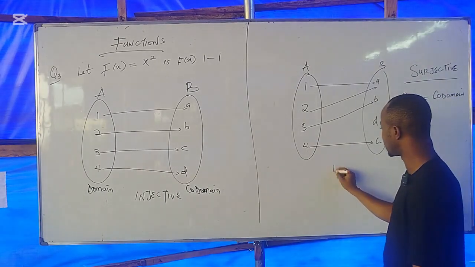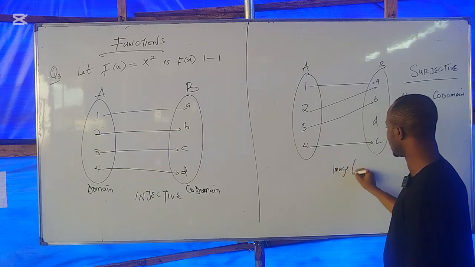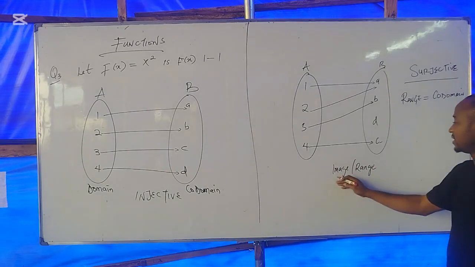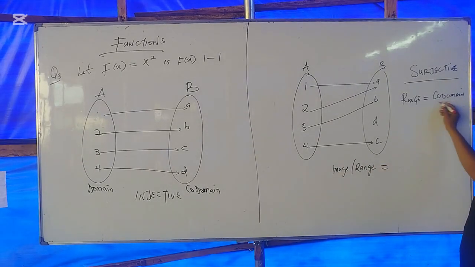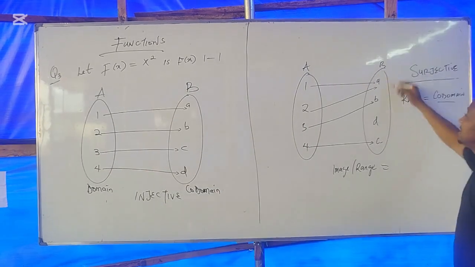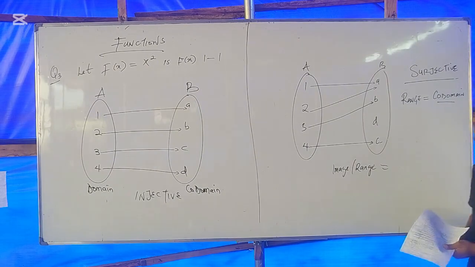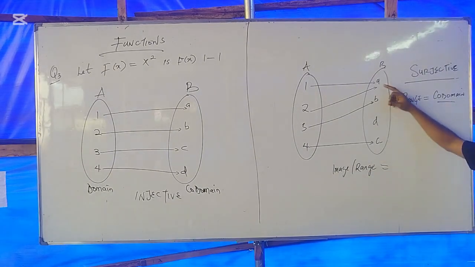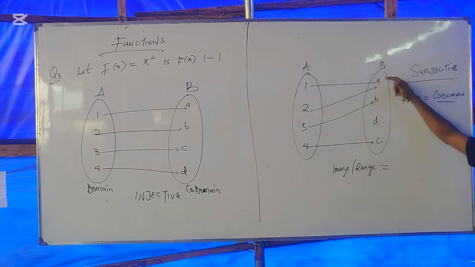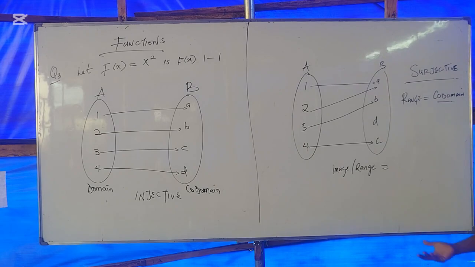The word image is the same as the word range. Whenever the image or the range is equal to the codomain, that means surjective or onto. But in this kind of diagram, what's our image or range? It's A, B, C. What's the codomain? It's A, B, C, D. Are they equal? No. That means this is not surjective.